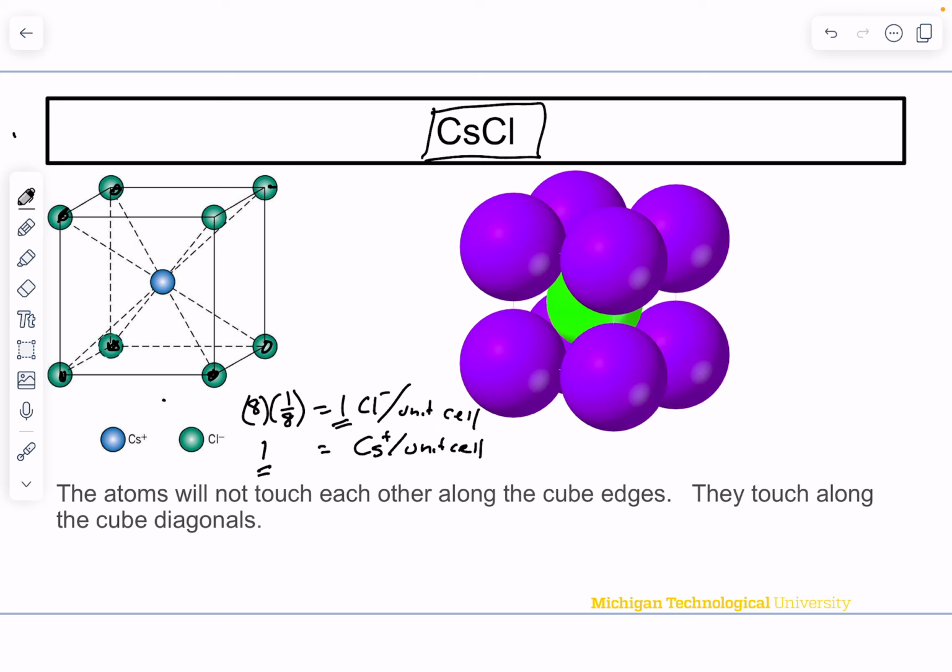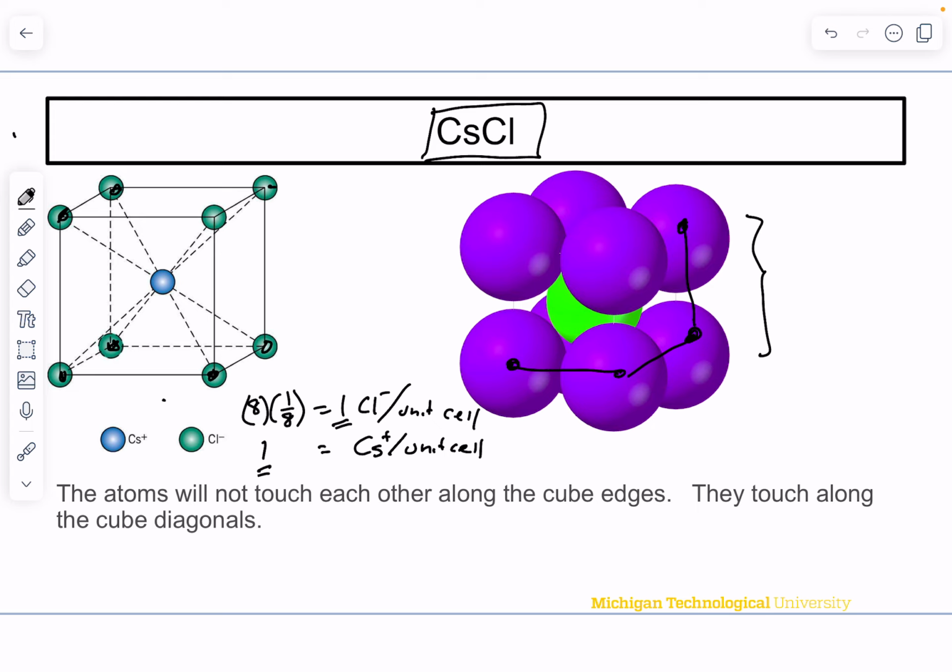The other thing I want to point out from this diagram is that when we think about the packing of ionic solids, and cesium chloride is an ionic solid, we must think about where the atoms are physically touching. Notice that the chloride ions at the corner do not touch each other along the edge length, or the lattice parameter, and that's particularly evident on this part that I'm notating here.